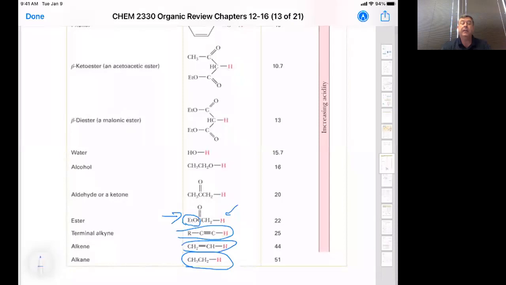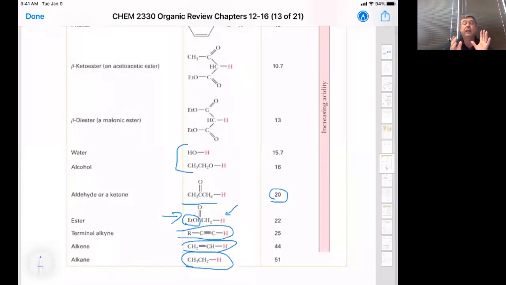So by taking away that oxygen, it becomes more acidic. Now we just have carbons, and that carbonyl is able to pull more electron density and it's more acidic. In the case of water and alcohol here, they're more acidic because that hydrogen is on an oxygen, and that's why those are more acidic than the hydrogen on carbon.